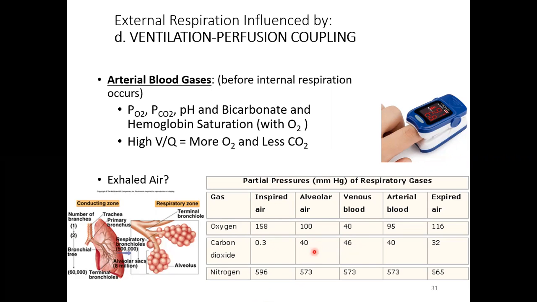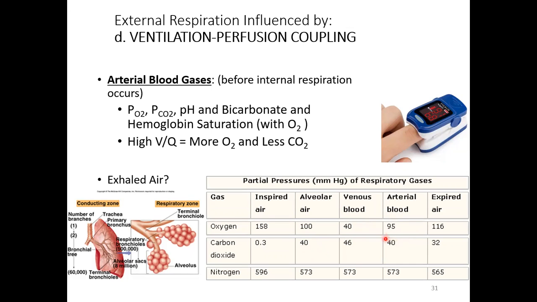Okay, both of these move down their gradients, right? So 46 to 40, so CO2 moves from the venous blood into the alveoli. Oxygen moves from the alveoli into the veins, into the venous blood. And ultimately, by the time the blood passes through from the beginning of the capillary bed to the end of the capillary bed, returning to the heart, the oxygen levels have increased to 95 or greater.